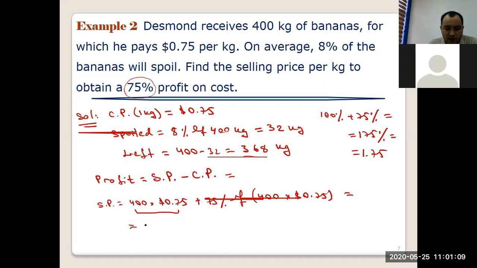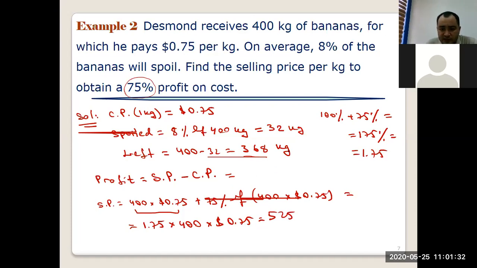So here we have 1.75 times 400 times 0.75, which is equal to 175 times 4 times 0.75, which is equal to 525.